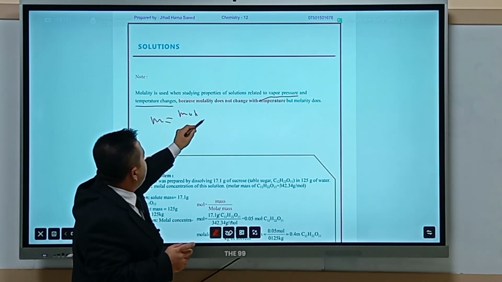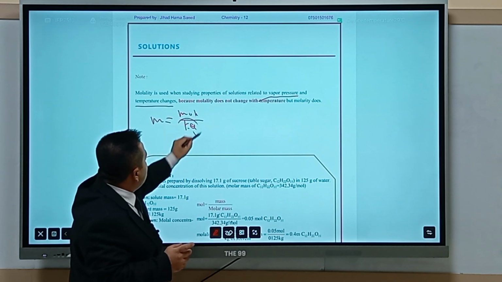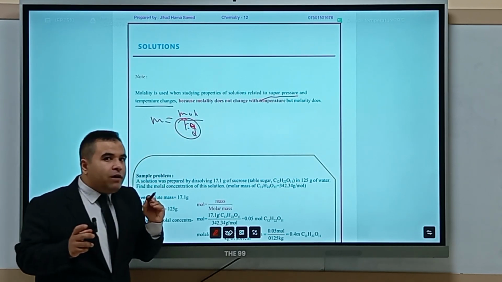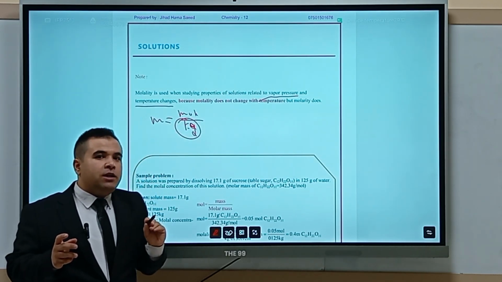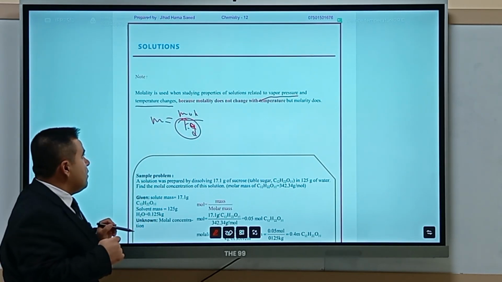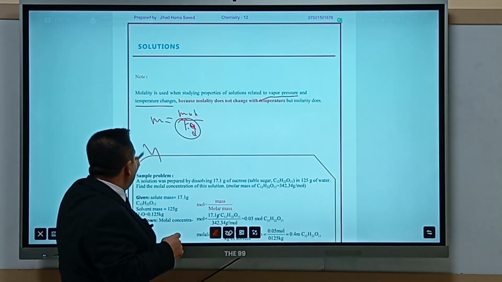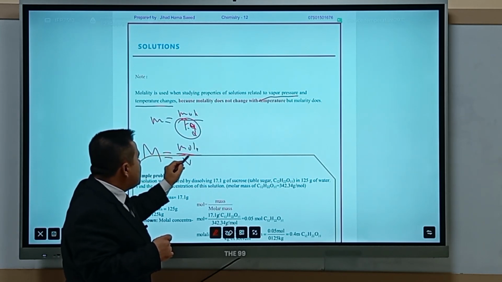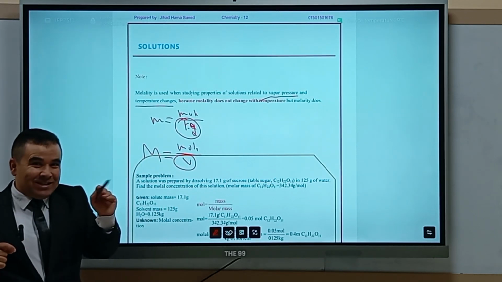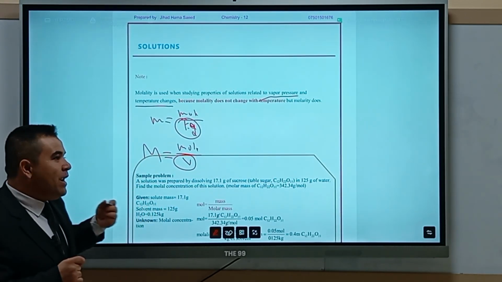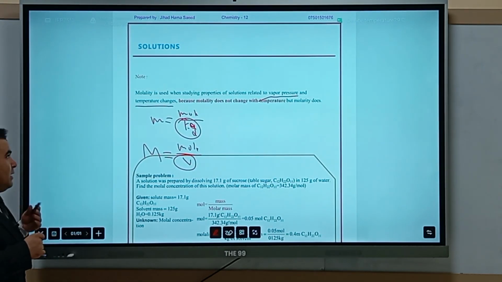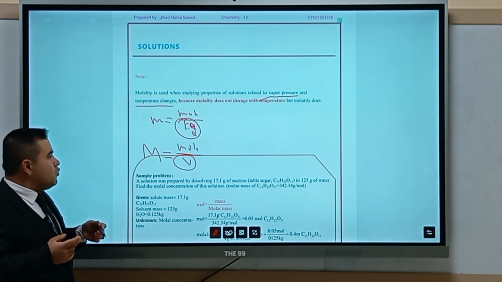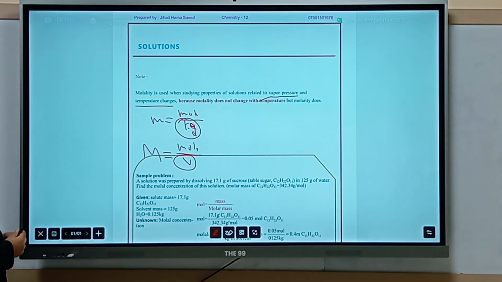Molality is equal to moles per kilogram, and the kilogram of the solvent does not change with changing temperature or pressure. But molarity, which is moles per volume, changes, as you know that the volume changes as the temperature changes. So whenever you study those properties of solutions related to vapor pressure and temperature, you have to use molality rather than molarity.